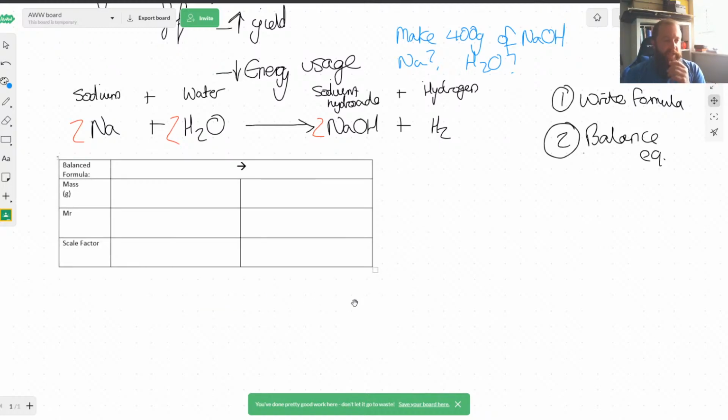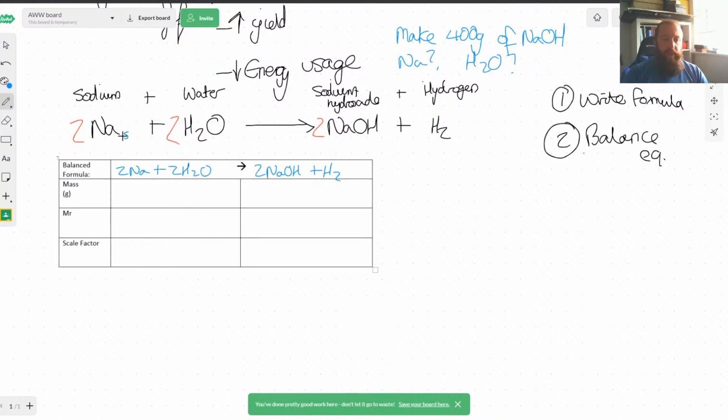Right. So this is literally the simplest version of doing this one, and you'll see why I lay this out the way I do. The first thing that I've already done is balance the equation. So I've got 2Na plus 2H2O makes 2NaOH plus H2.